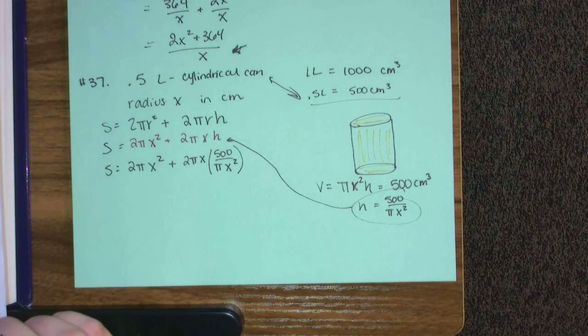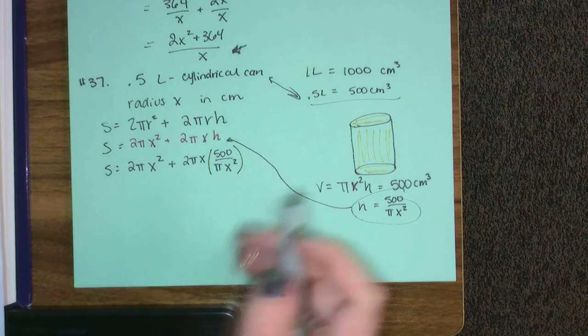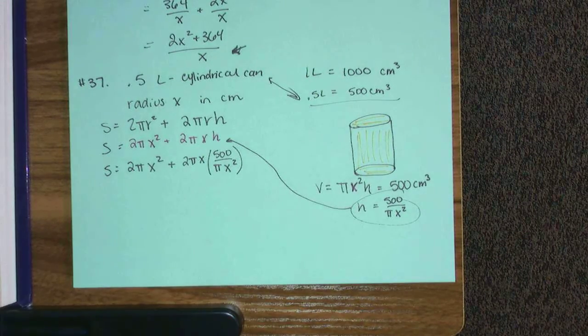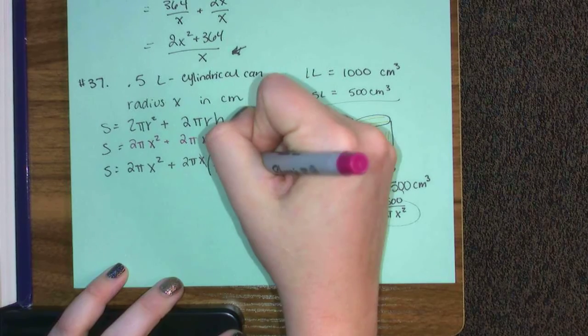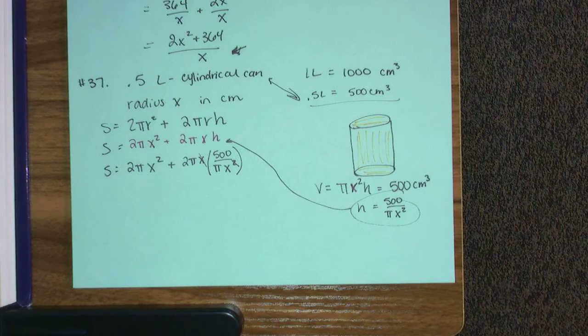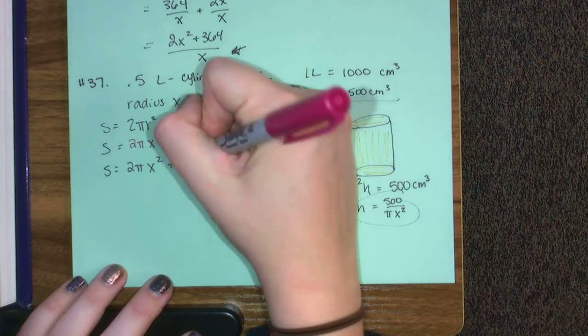Okay? So now what do I need to do? Over here? So I can get rid of an x. I can get rid of pi.